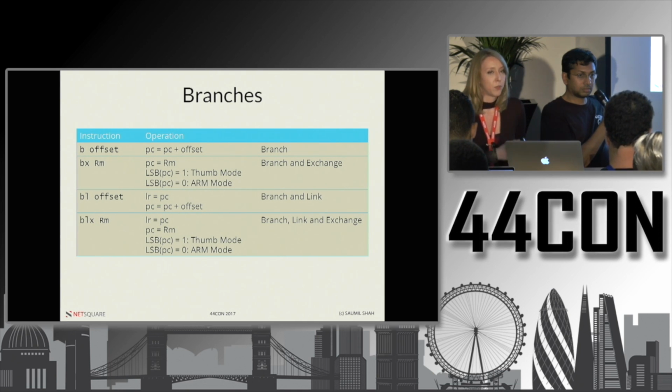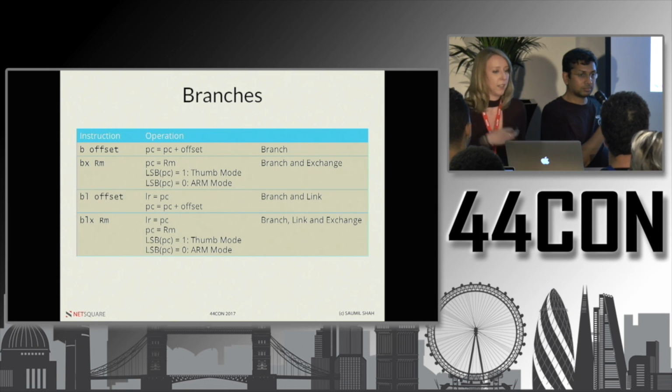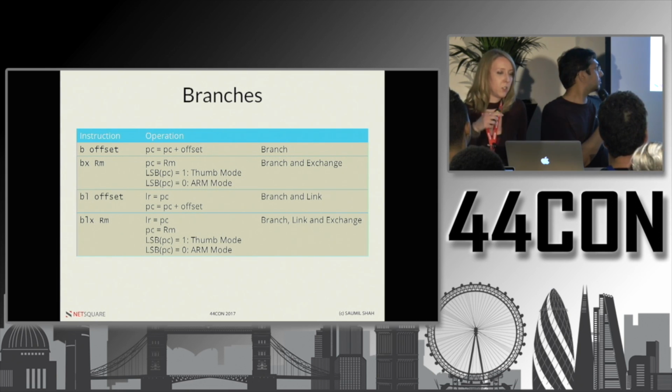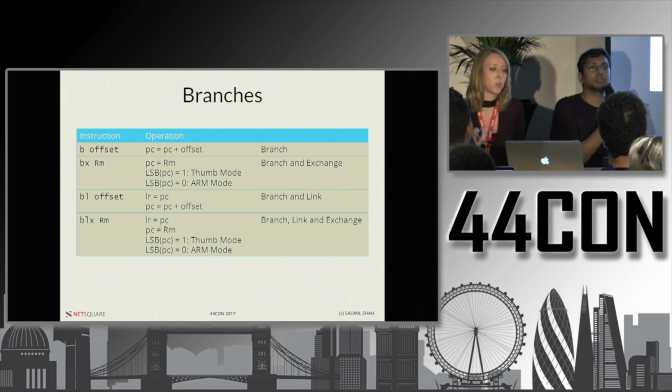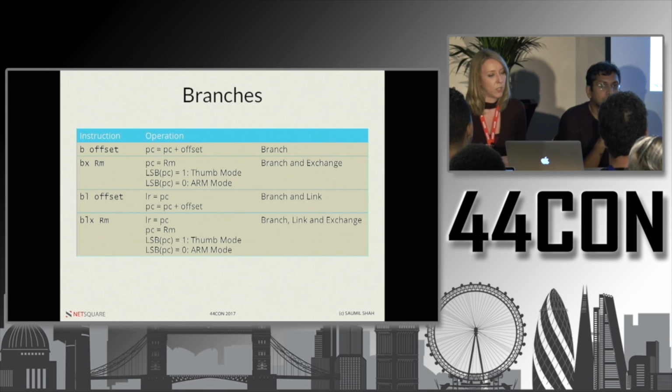BL first saves the value of PC into LR and then branches. And BLX is just a combination of BX and BL, so it will also exchange but also save PC to the link register.